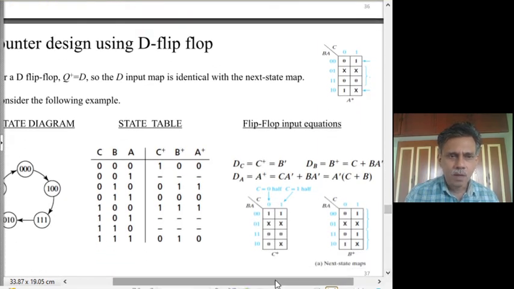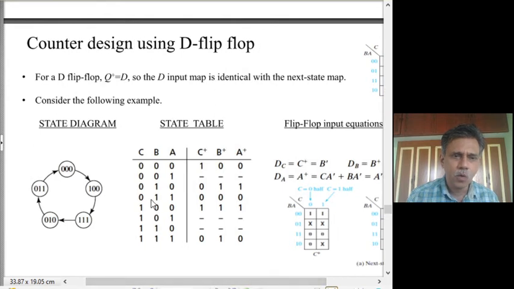Now look at this state graph and translate it into the state table. The state table can be arrived at from the state graph by noting down the present state and the desired next state. Again, we list out all possible present states in the usual order of a truth table or a state table. A, B, C are the bits, A is the least significant bit and C is the most significant bit.